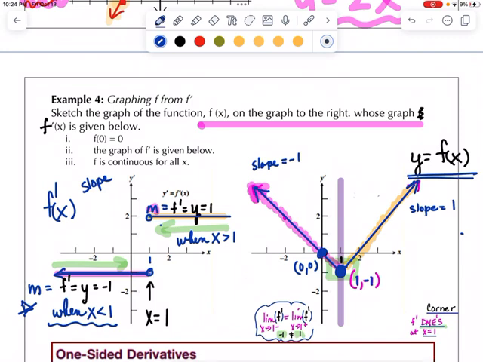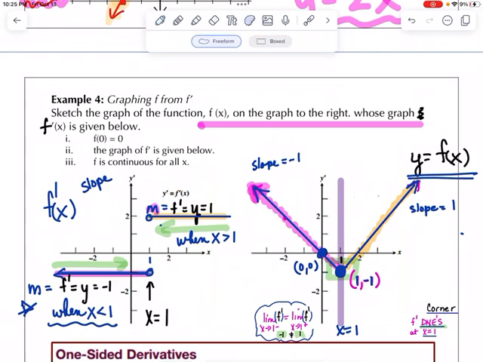And so that means if the slope were to continue all the way to x equal to 1, I have that purple line, then it's got to end here at 1. And the same thing is true when x is greater than 1, the slope has to be 1. Okay, so there you have it.